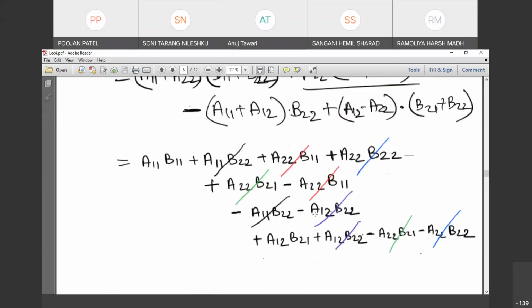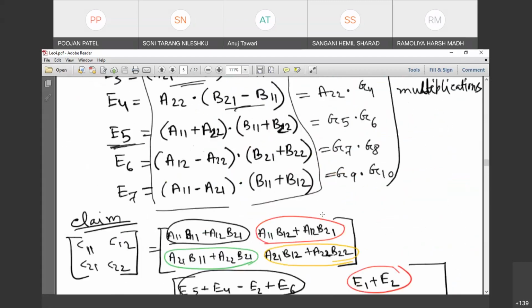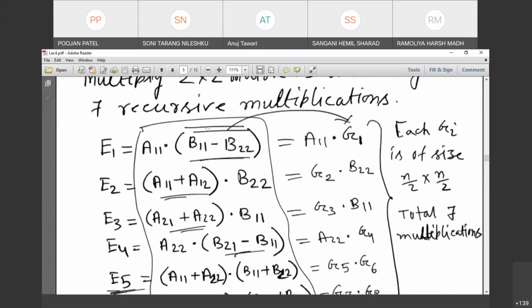So what are we doing here? Look at this element. We are applying divide and conquer. We divide it into four parts, A11, A12, A21, and so on. Each of these matrices, what's its size? n by 2 cross n by 2.